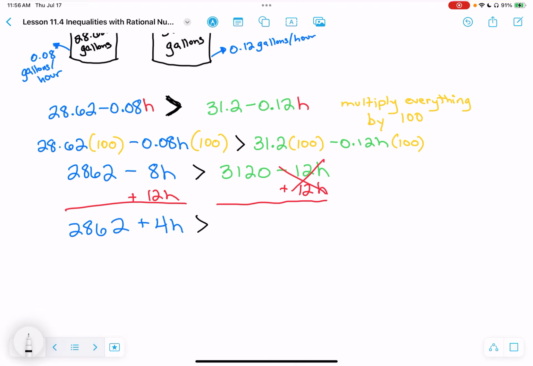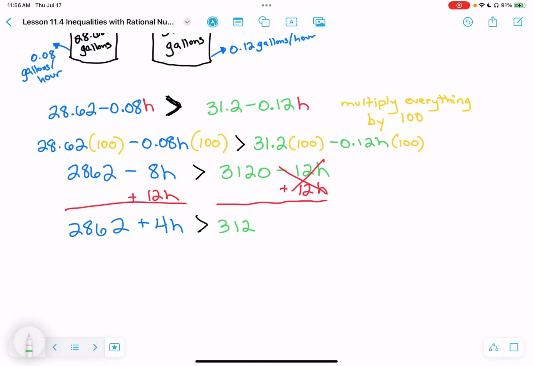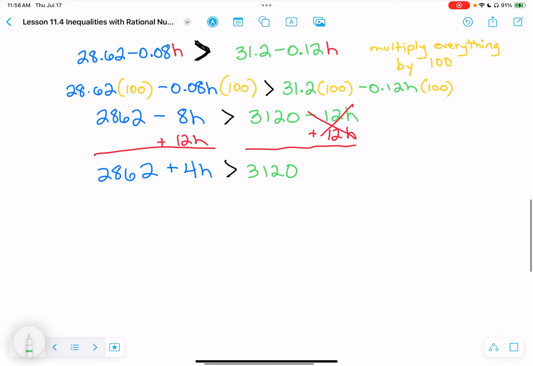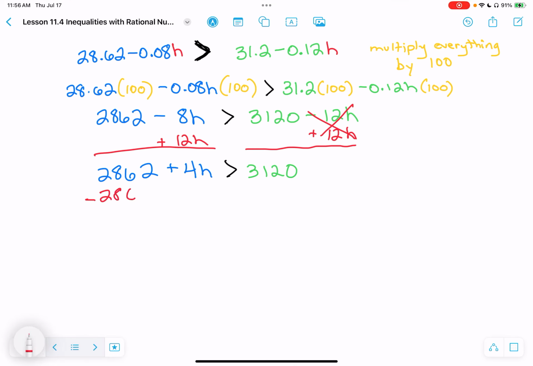Having a positive variable is a very, very good thing. Let's subtract 2862 on both sides so that we get our constant by itself.